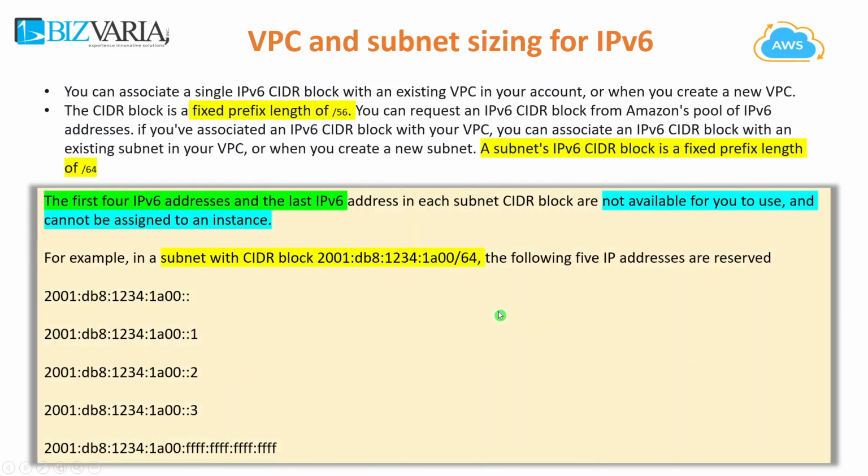So the same rules apply here. The first 4 IPv6 addresses and the last IPv6 address in each subnet CIDR block are not available for you to use and cannot be assigned to an instance. So see the pattern, what an IPv6 address looks like.